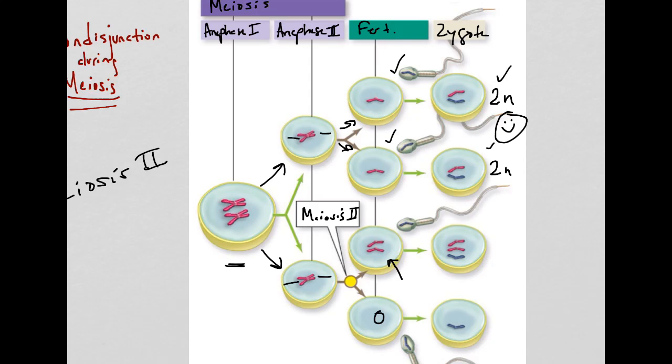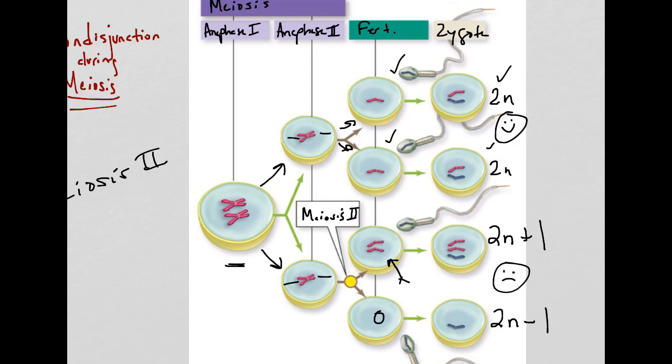So when the nuclei reform around them, you would end up with an extra chromosome here. Extra chromosome there. When the sperm come along and fertilize it, now this one would be a 2n plus 1, right? And this one would be a 2n minus 1. Okay, so both of these would be abnormal and would result in chromosomal abnormalities if they were fertilized.